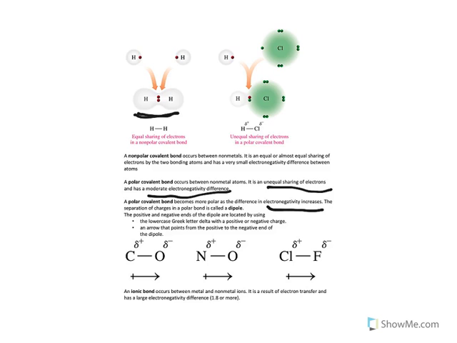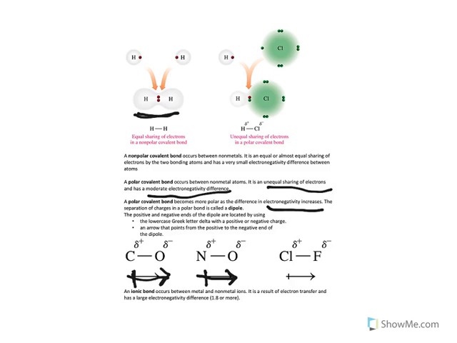We use the lowercase Greek letter delta with the positive or the negative to show the charges, and an arrow with a slash on the end to show which way, from positive pointing towards negative. So again, the arrow points from the positive end of the molecule towards the negative.